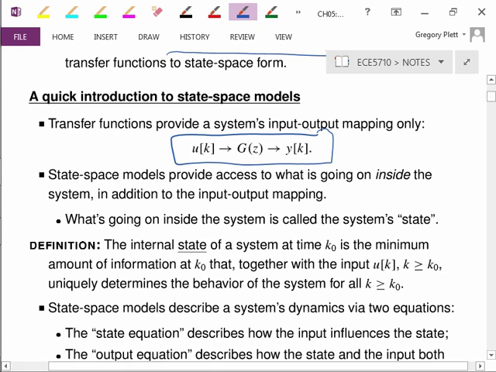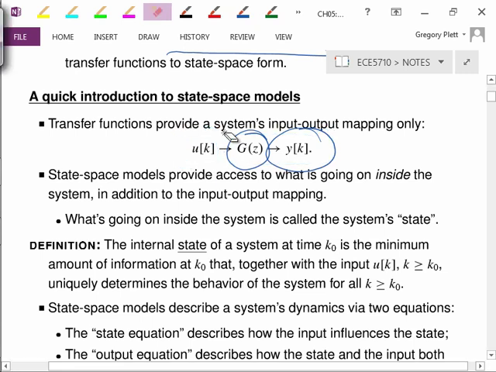A transfer function is something that says if I know the input to the system and I know the transfer function, I can predict the output from that system. And in this schematic picture, I'm mixing up time domain and frequency domain, which is pretty common, but don't be confused.